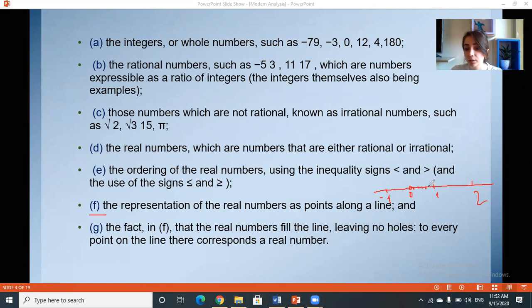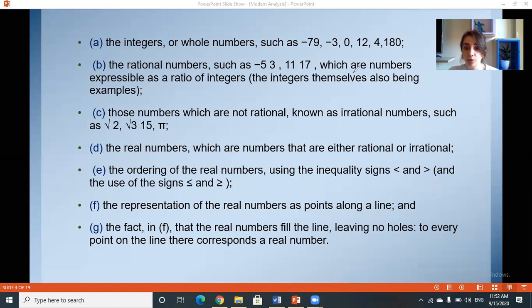For example, let it be 0.1, or here is 0.99, or some irrational numbers maybe. It means that there is no hole between two whole numbers, okay?